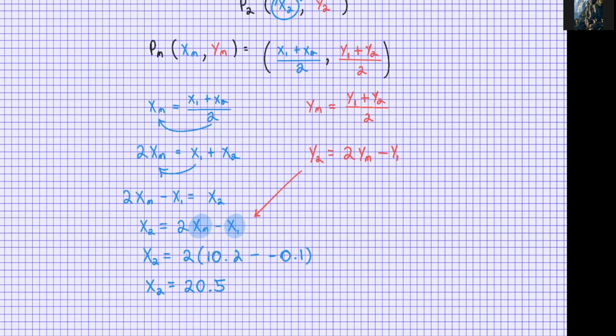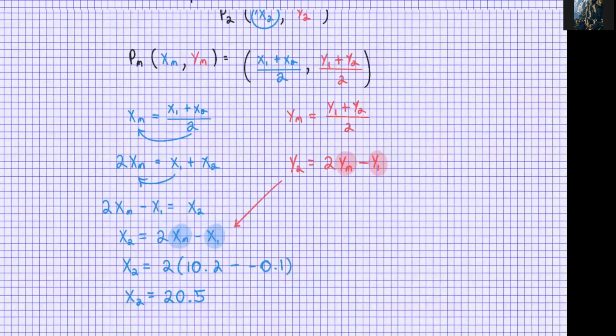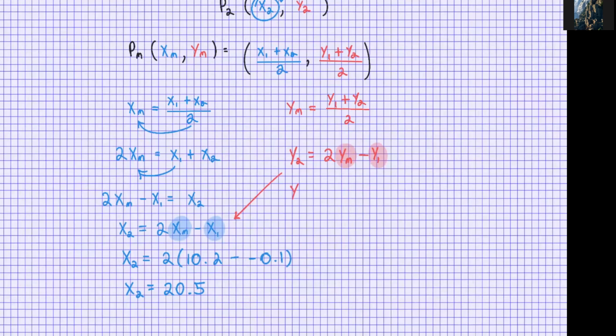So now I can do the substitutions in the same way as before. Ym is negative 7.1 and y1 is 8.8. So I have that y2 equals 2 times ym, negative 7.1, minus y1, that is 8.8.